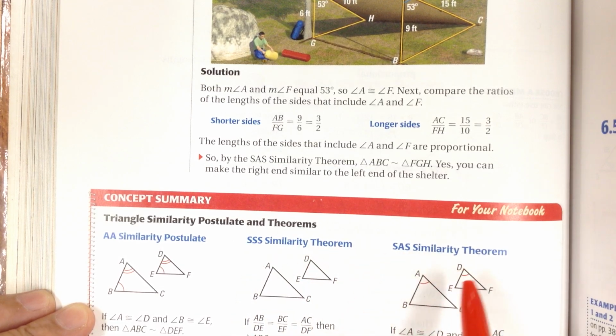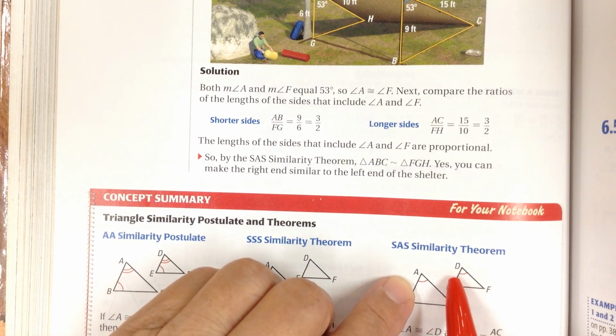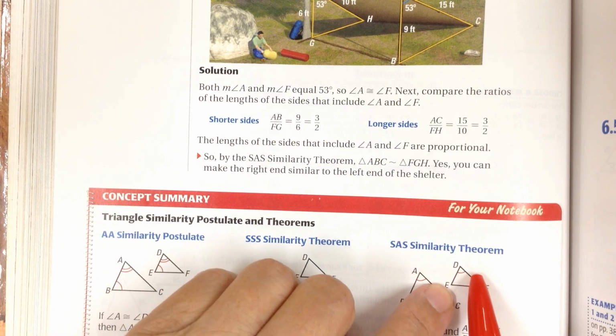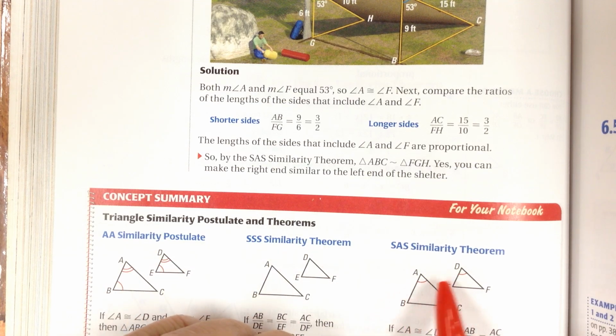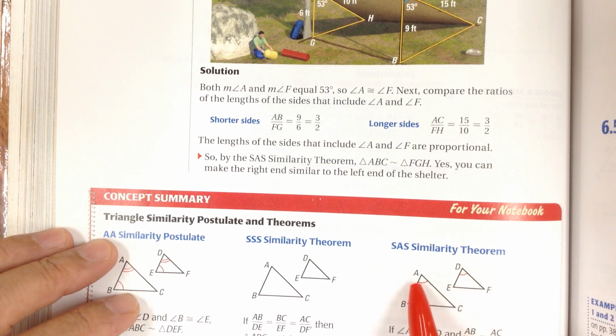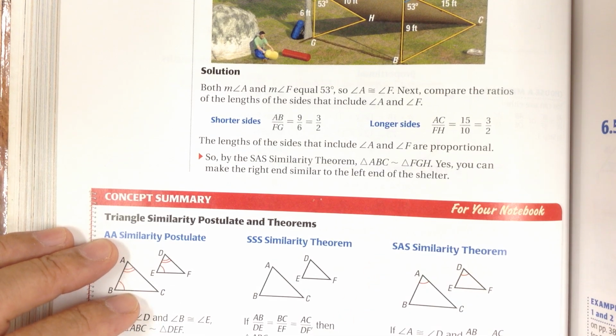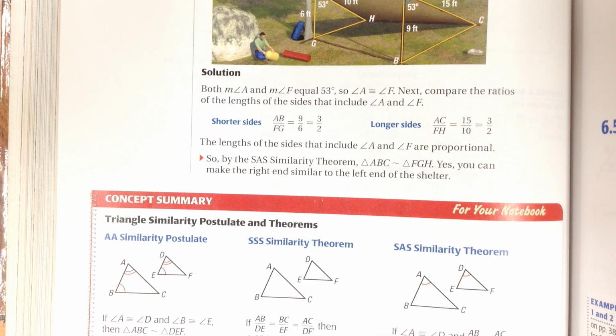And SAS: the angles are congruent and the sides that include the angle have the same scale factor or ratio. So if this is twice as long as that, and this is twice as long as that, for example, and the angles in between are congruent, then that's your SAS. So there are three ways to prove triangles are similar.